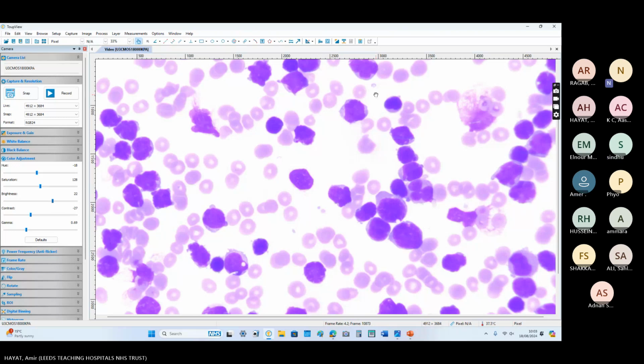Sorry, you have mentioned it in reverse order. Hypergranular presents with pancytopenia with low TLC, and the hypogranular variant presents with high TLC. And vice versa.